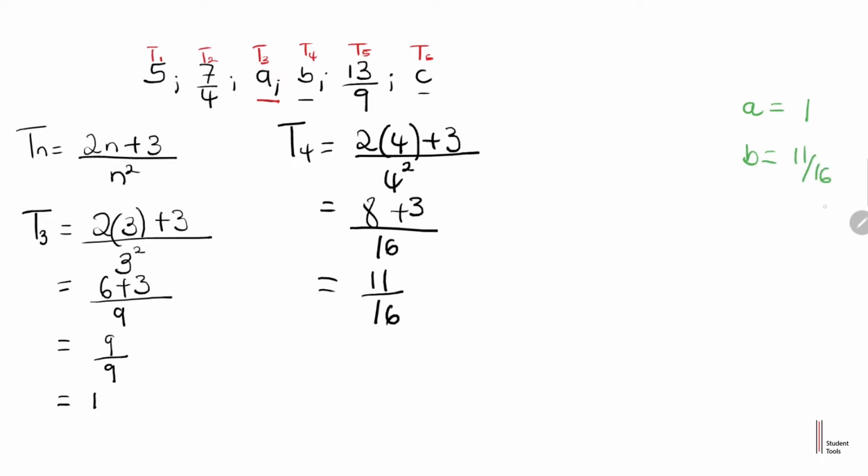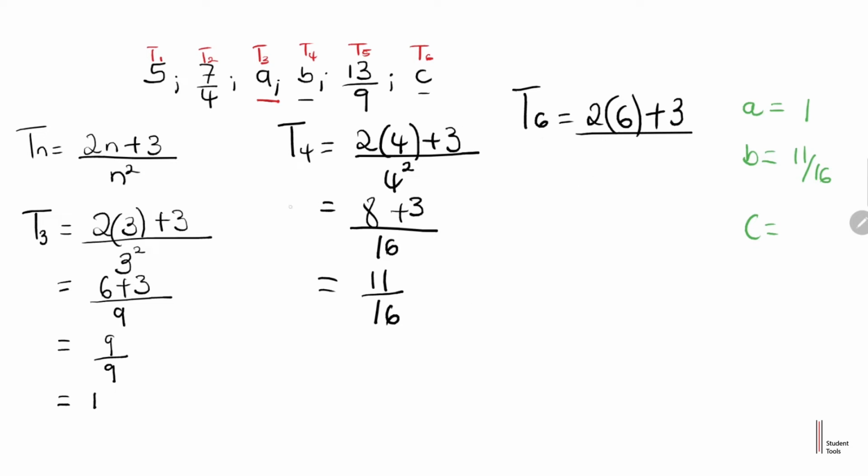So now we are supposed to find the value of c, which is term number 6. Term number 6 is equal to 2 multiplied by a 6. Here we are replacing n with a 6 plus a 3 over n squared.